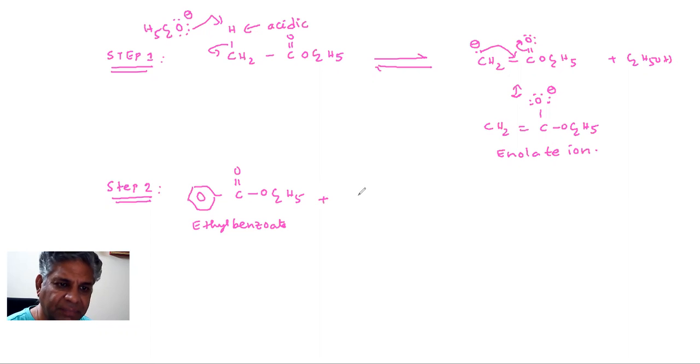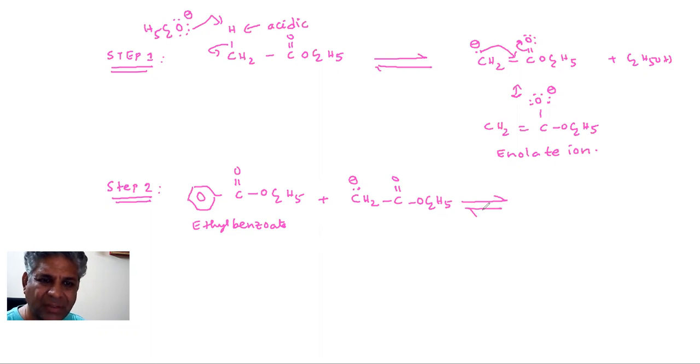Plus you have CH2 minus C double bond O C2H5. So this is a nucleophilic addition. As usual, this is a nucleophilic addition. A nucleophilic addition will give you a tetrahedral intermediate.